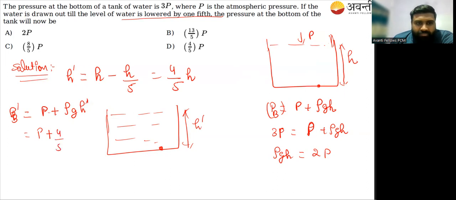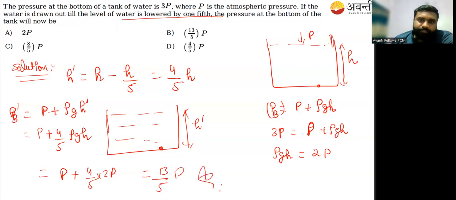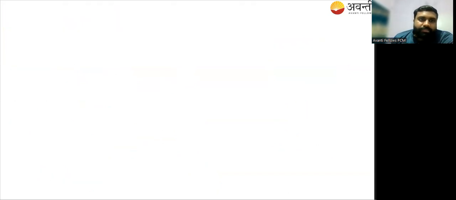So we can say that it is 4 by 5 times of rho g h, and rho g h is 2p. p plus 4 by 5 times 2p. It will become, take the LCM, 13 by 5 times of p. So this is the correct option. Correct option is B. Now move on to the next one.